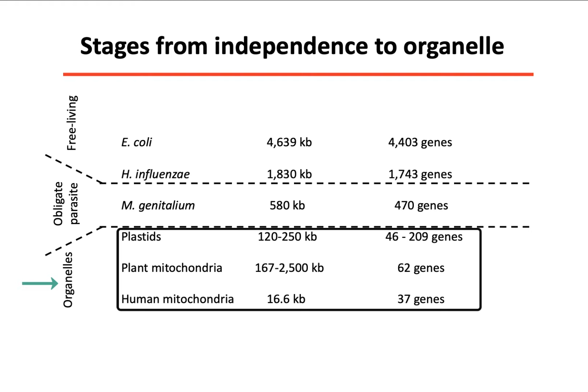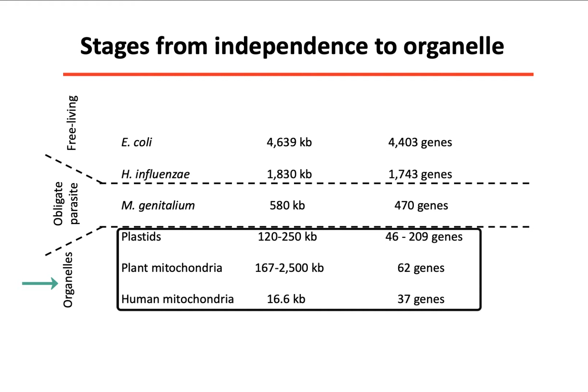Plastids, that is chloroplasts and amyloplasts, etc., which are the same organelle, have been inside of plant cells for about 1.9 billion years, and others have been in about 1 to 1.2 billion years. So they've lost quite a bit of their genomes, having genome sizes of about 120 to 250,000 base pairs, and they carry from 46 to 209 genes.